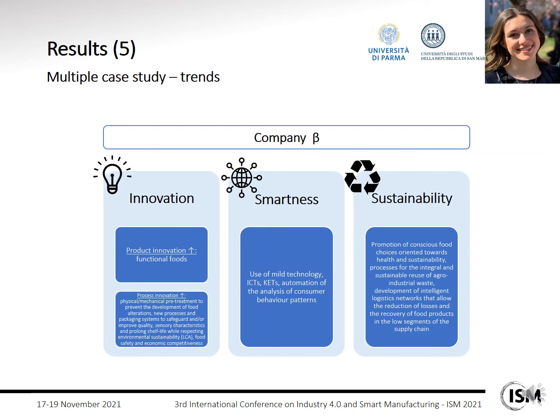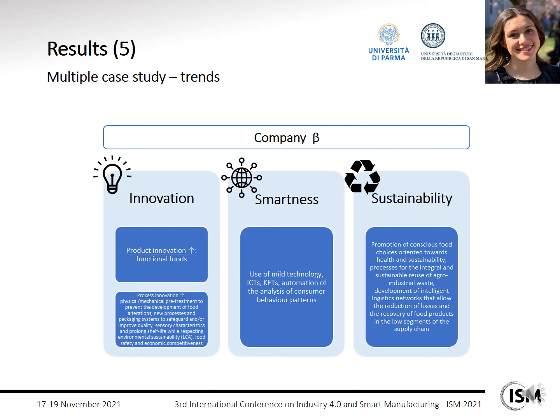So, as far as the Beta company is concerned, we can notice that all the three trends have been addressed, and this is reflected in all the aspects of the company. So, from innovation to collaborations, both upstream and downstream along the supply chain. Specifically looking at the innovation trend, the company puts its strongest innovation efforts on product and organizational innovation, using functional foods and nutraceuticals, and giving special attention to the prevention of food alterations.